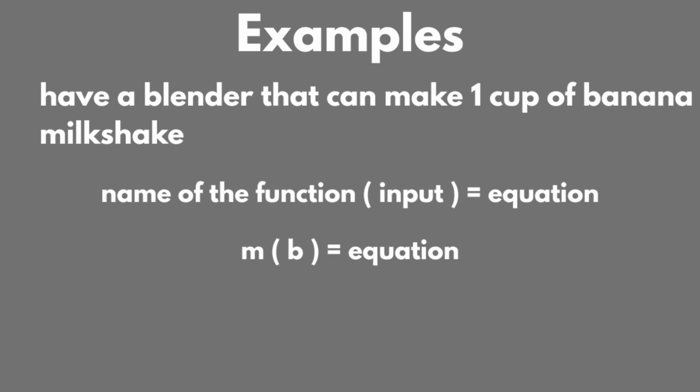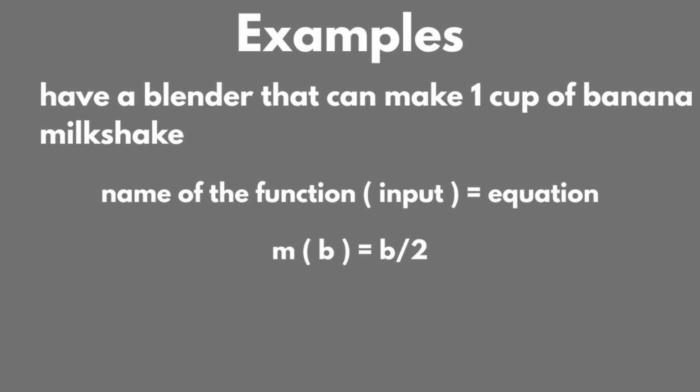So the formula will be bananas divided by 2 or b divided by 2. As a result, we'll have m of b is b over 2. For example, if you have 4 bananas, you will have 2 banana milkshakes as a result of blending. This will give us the equation for a function.